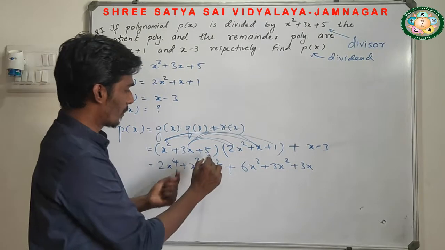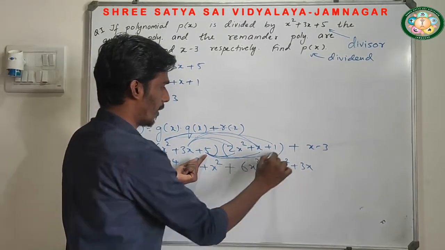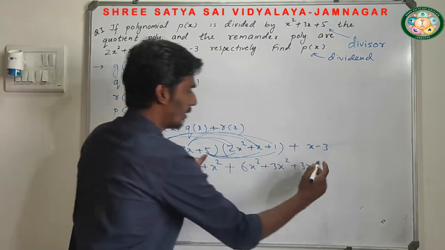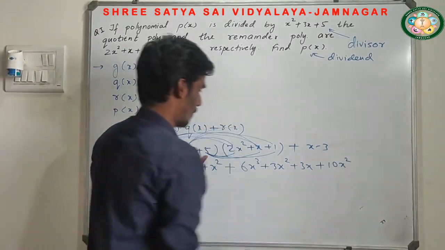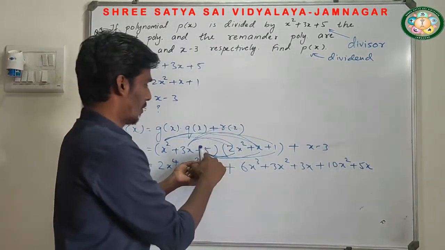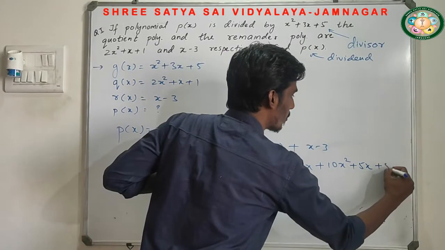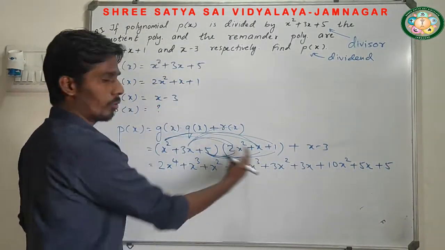Now similarly, this 5 will multiply all the three terms. 5 into 2x square, 5 into x, 5 into 1. 5 2s are 10x square. 5 into x, it's 5x. 5 into 1 is 5. That's it. This is the product of these two brackets.